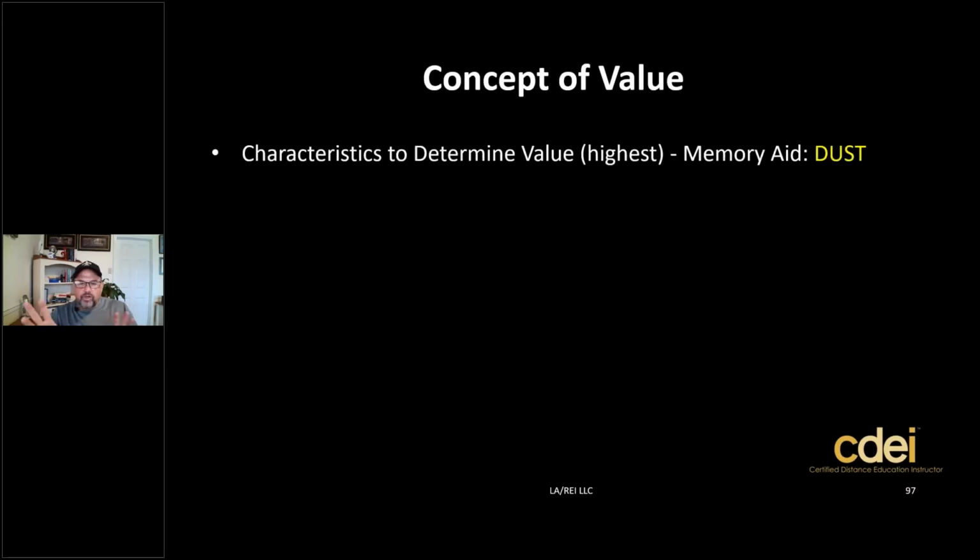Concepts of value. The first thing we're going to look at when it comes to the characteristics or determinants of what creates value, I've got a memory aid for you, and it's called DUST, D-U-S-T. You always want to associate this with determinants or the characteristics of what creates value, okay? So here it goes.